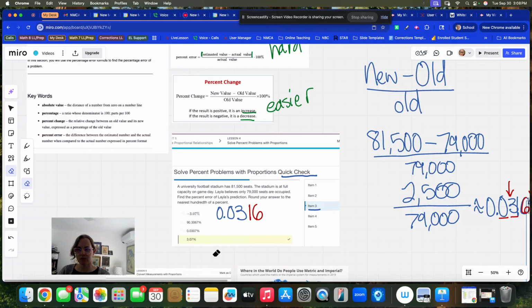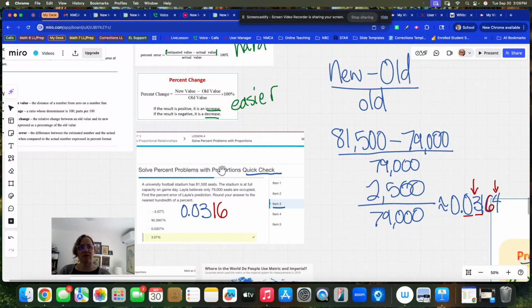That means I did something wrong here. Let me see if I can spot any kind of error really fast. I'm going to look and see if I copied it correctly. 81,500 minus 79,000, and then subtract those, I get 2,500.